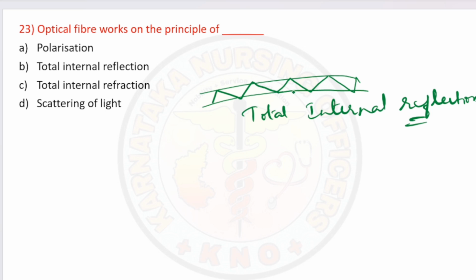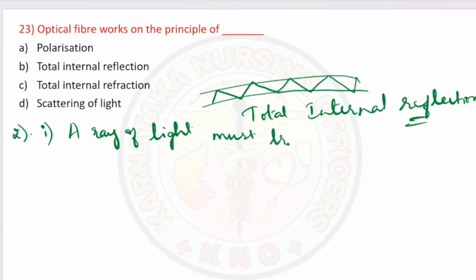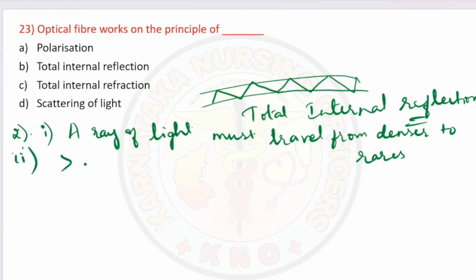Okay. So, for total internal reflection to happen, two conditions must be followed. One is a ray of light must travel from a denser medium into a rarer medium, and the angle should be greater than the critical angle.